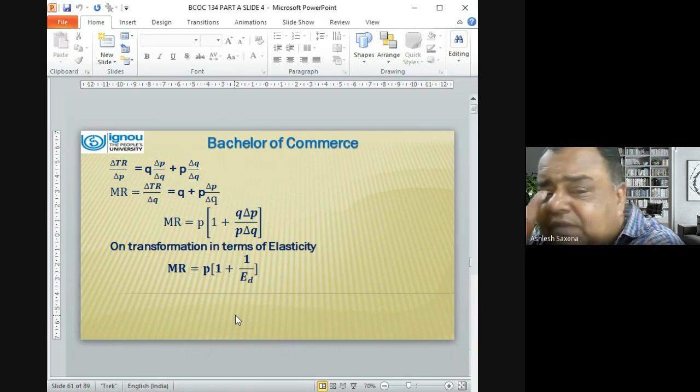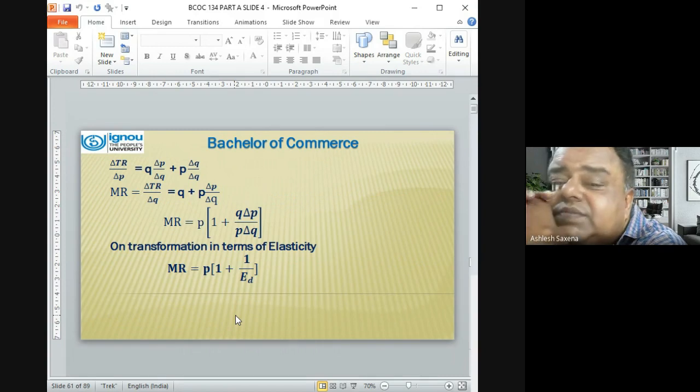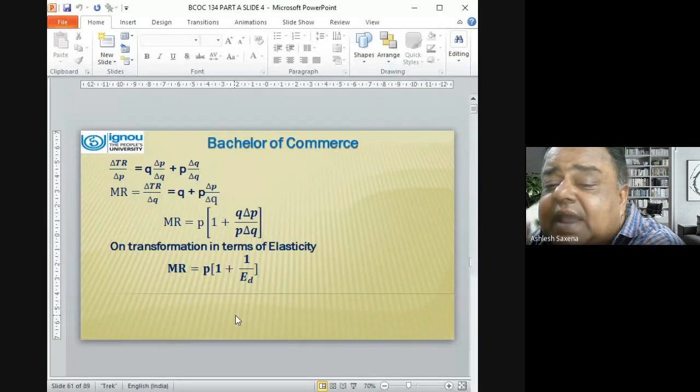So we know that marginal revenue is equal to delta TR upon delta Q. What will we do? We can take this P common out because we are generating another relationship between MR and elasticity of demand.